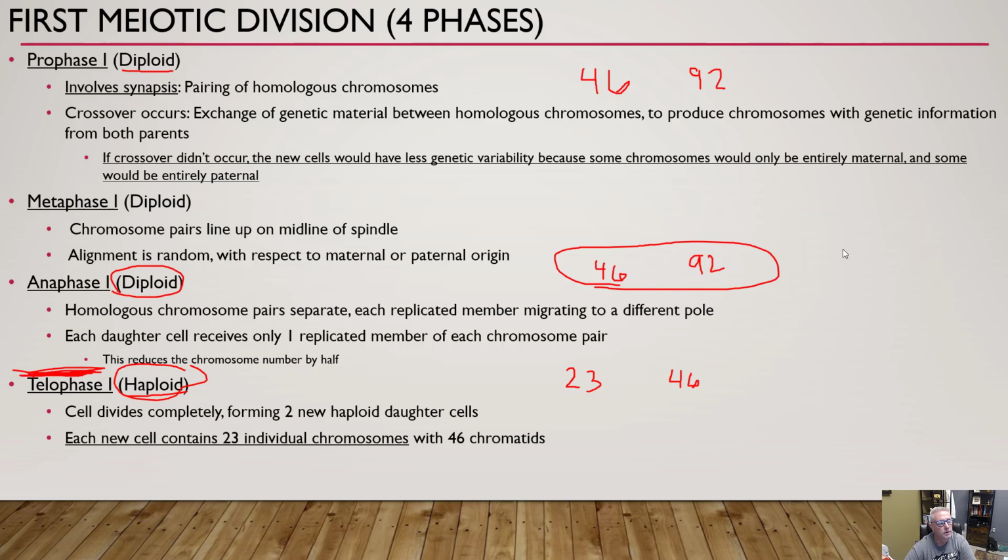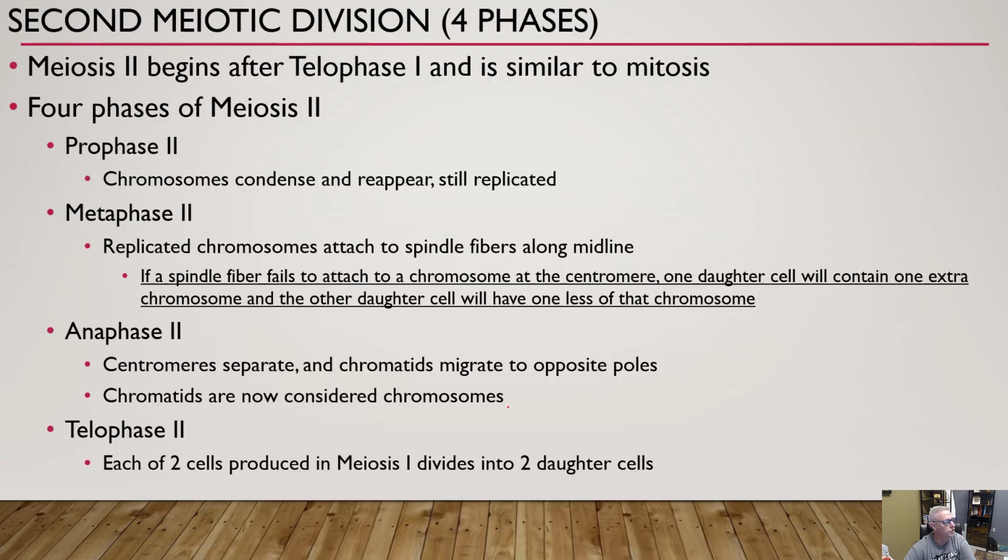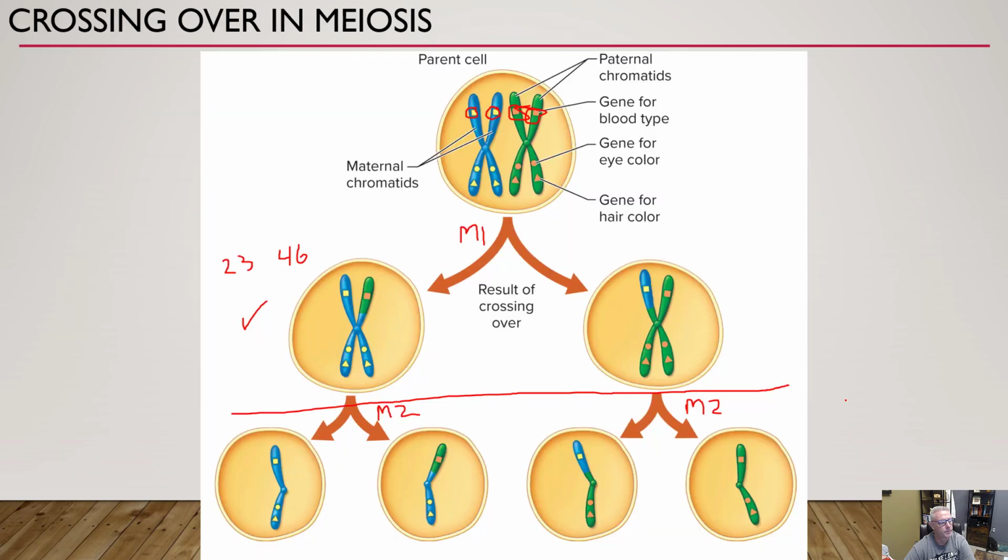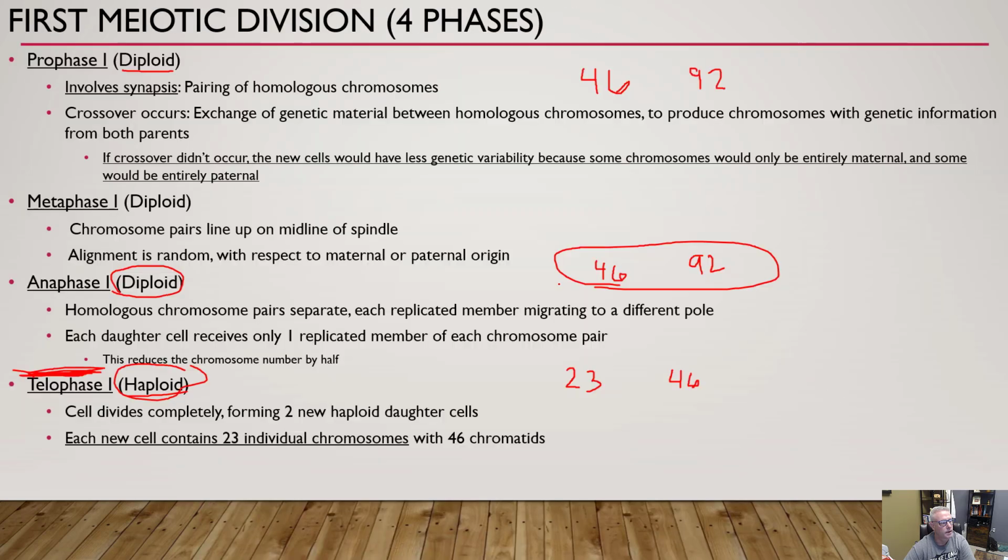Well, if we go back to what should happen at the end of telophase 2, we have 23 chromosomes and 23 chromatids. But here we have 46.